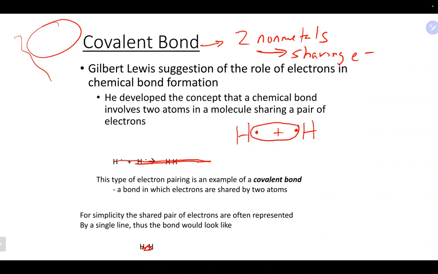So we're going to share these electrons. The result of that is we get a covalent bond, where in this particular case, there is actually sharing of electrons happening. That's also why there are no charges here. There's been no transfer of electrons. These guys have no charges when we're dealing with this type of bonding.